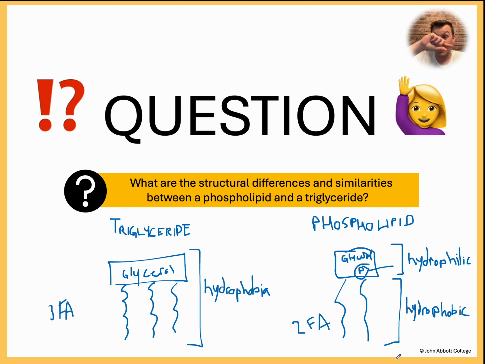Sorry, not fat. Every single cell has phospholipids that line the outside of it and make the protective border of the cell. Without a phospholipid layer, there wouldn't be a cell. Like a house, you need to build walls around a house. That is the same situation for cells, okay?